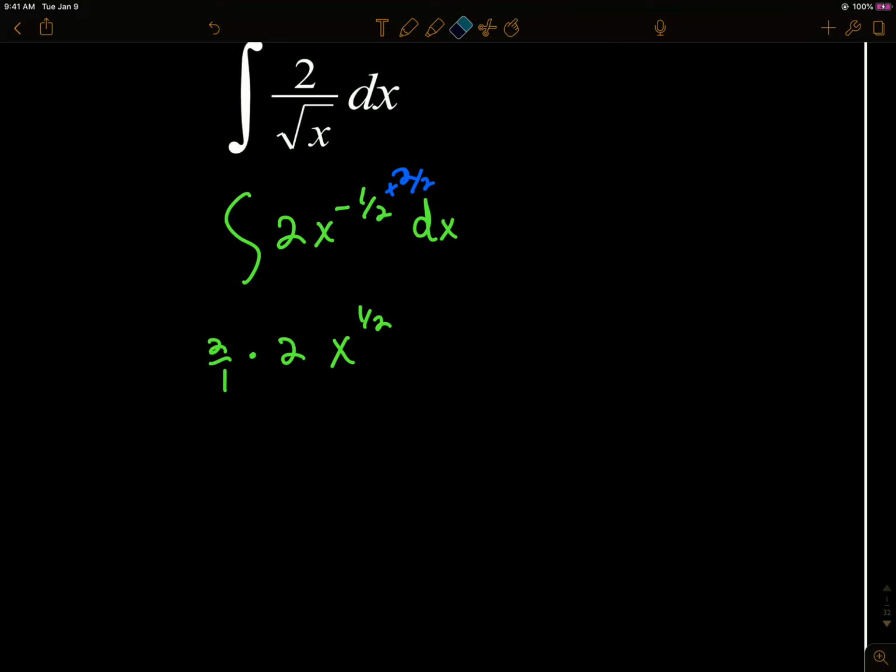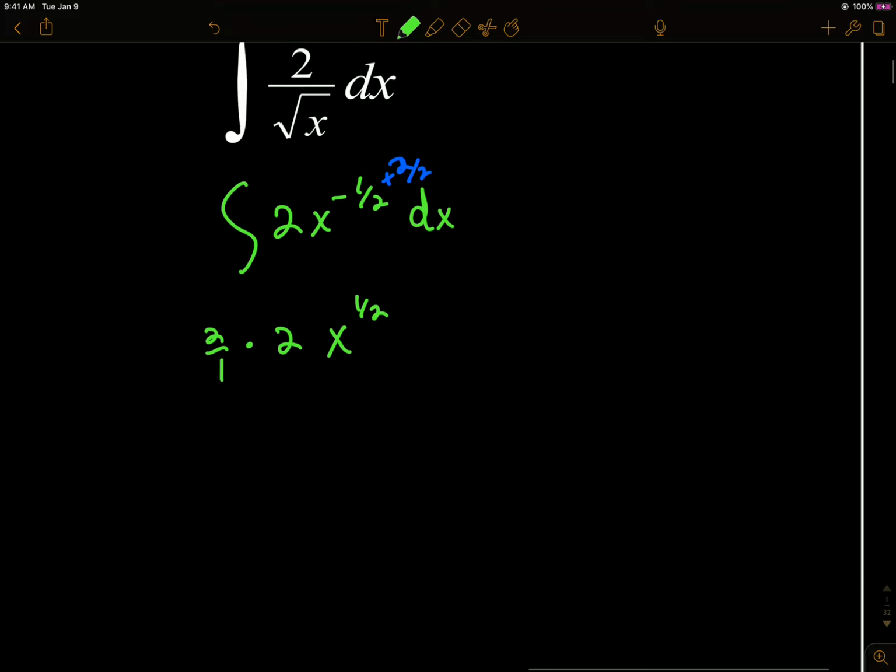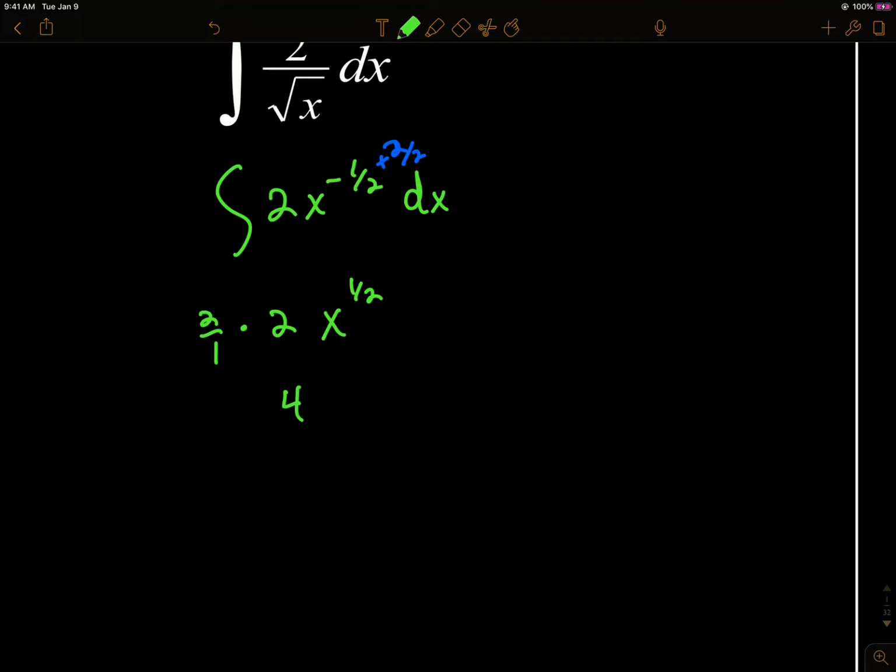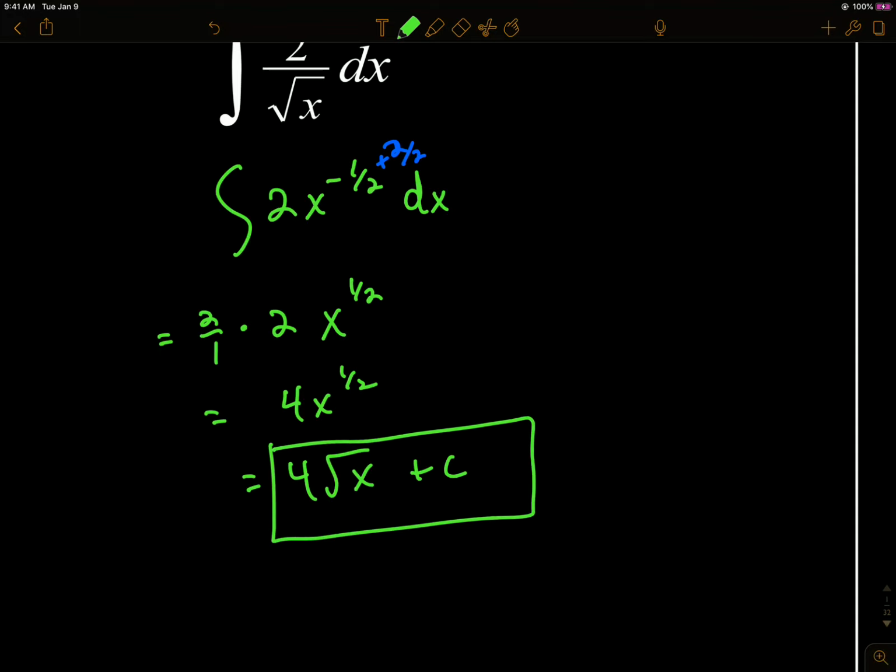So whenever either one of these numbers, the coefficient or the power, is a fraction, or both, instead of dividing by the power, I multiply by its reciprocal. So we end up getting 4x to the 1/2. So we end up getting 4 root x plus our constant of integration. I always put that constant of integration in at the last step.